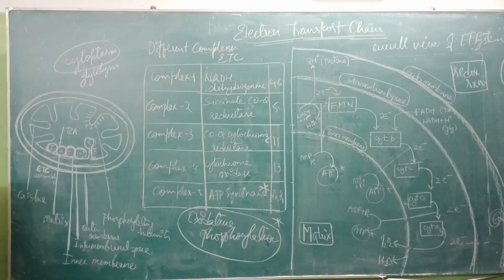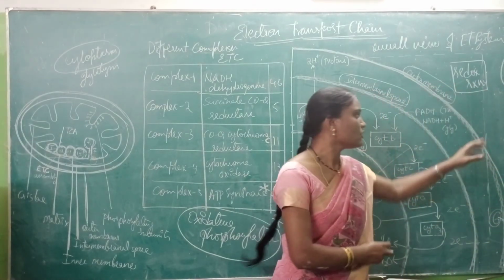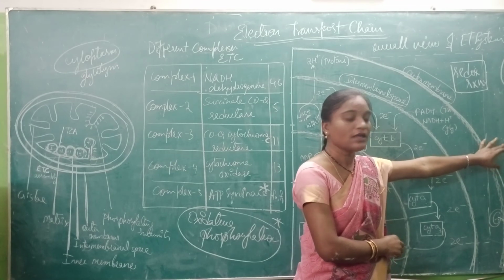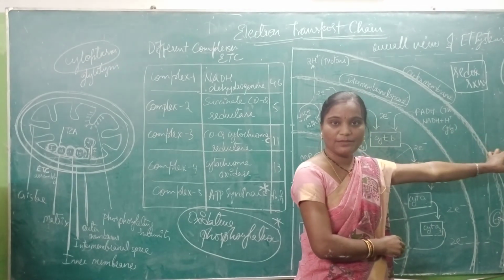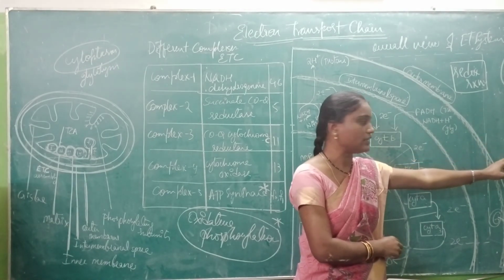Once again I am repeating, before entering into the mechanism of electron transport chain, it is a 6-step process. In glycolysis, first initially you will consider glucose. Glucose is converted into pyruvic acid, where 1 NADH molecule and H plus ion are released.